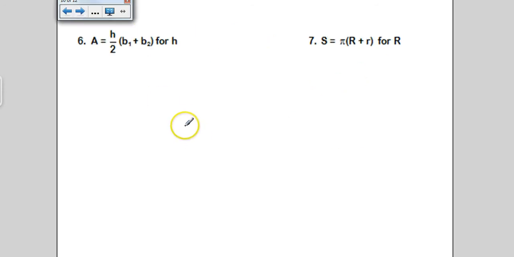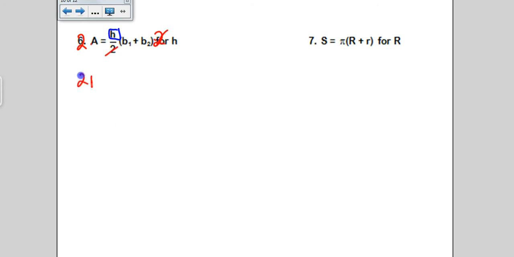Okay, next one looks a little more complicated. Number 6, area is the height divided by 2 times base 1 plus base 2. That's the area of a trapezoid formula. If I want to solve for h, the first thing I'm going to do, it's not the only option, but I'm going to multiply both sides of the equation by 2. The reason is because I want these 2's to cancel out.